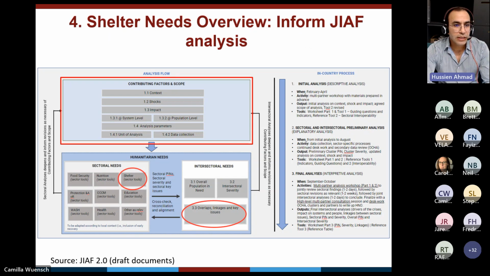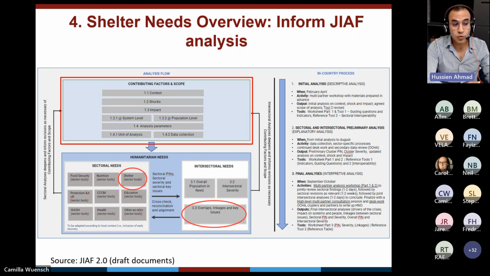This is the GF framework. We have borrowed this chart from a GF draft document that is under development now, just to show where the SSC sits. As you can see on the top part, we have the analysis flow, where we have the contributing factors and scope, where we have the context, shocks, impact, etc., which is an analysis done from an intersectoral perspective.